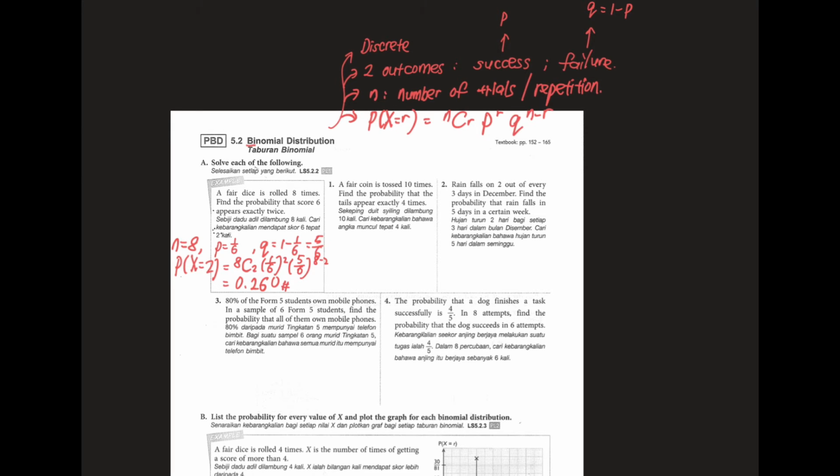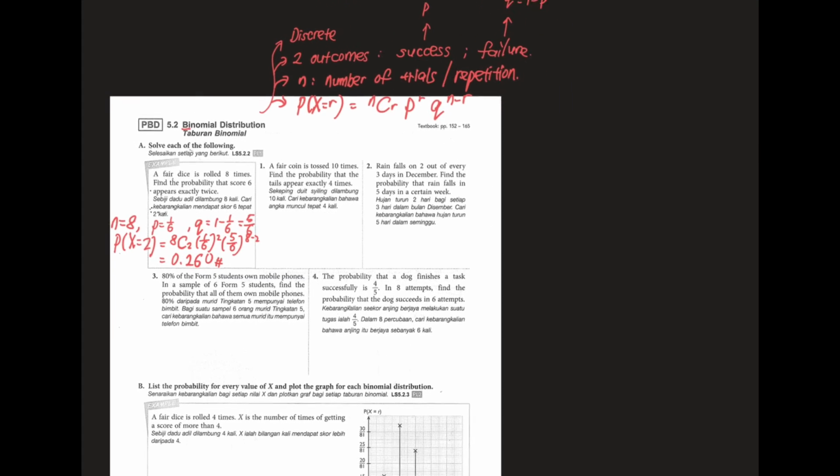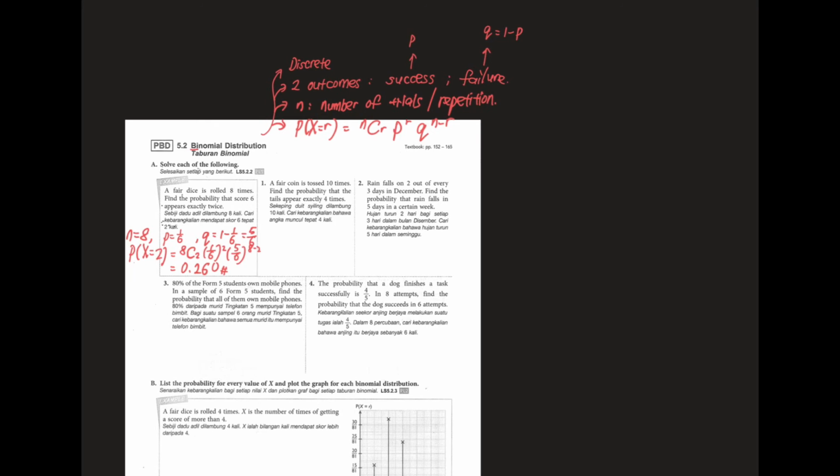Okay, so let's see it one more time because it's kind of complicated, right? Now let's say I do question 4. The probability that a dog finishes a task successfully is 4/5. So I'm going to call this P, success.